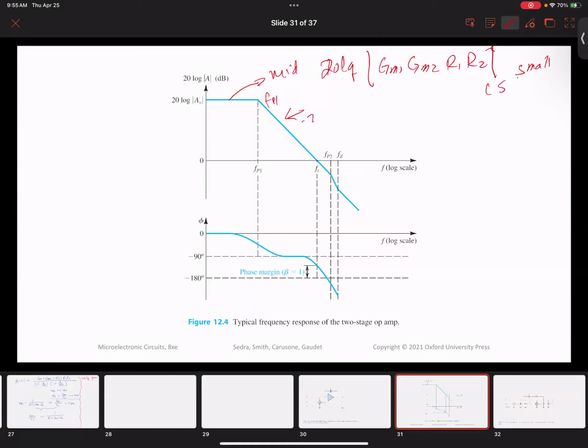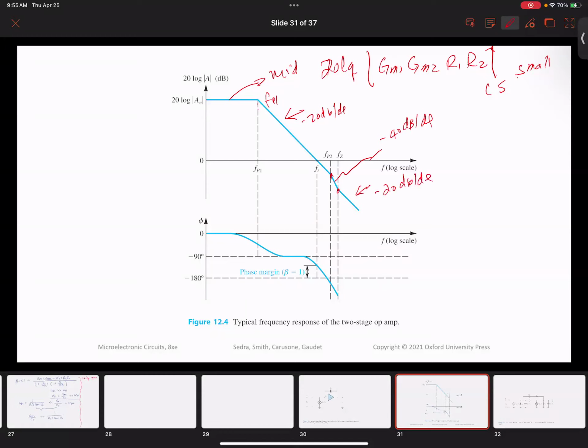FP1 is the dominant pole. It introduces a minus 20 dB per decade drop, and over the range between FP2 and FZ, FP2 induces another minus 20, so it becomes a minus 40 dB per decade drop. After FZ, it is corrected, so it becomes again 20 dB per decade.